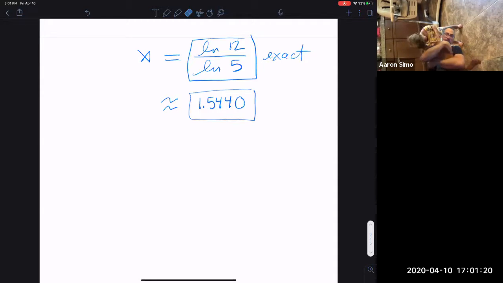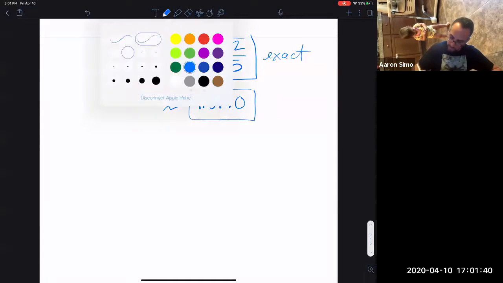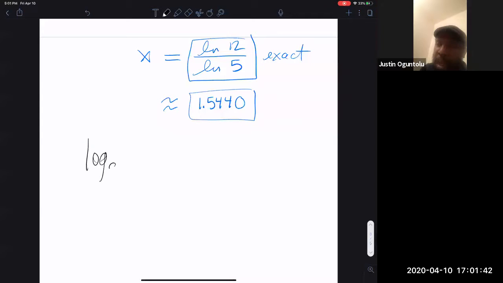All right, so tell me the change of base formula. Did you memorize it or no? No, isn't it like log base A of B equals log base A of X over log base A of whatever base I want to change it to?